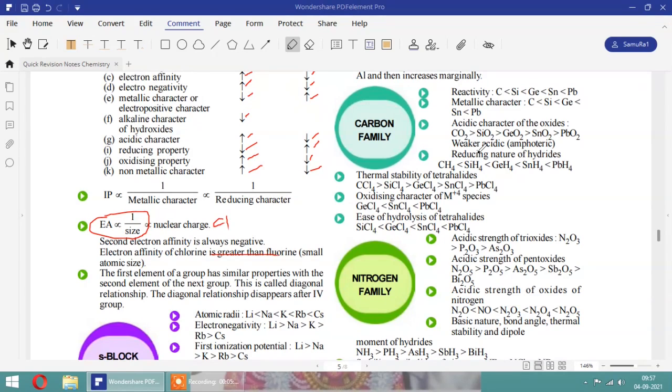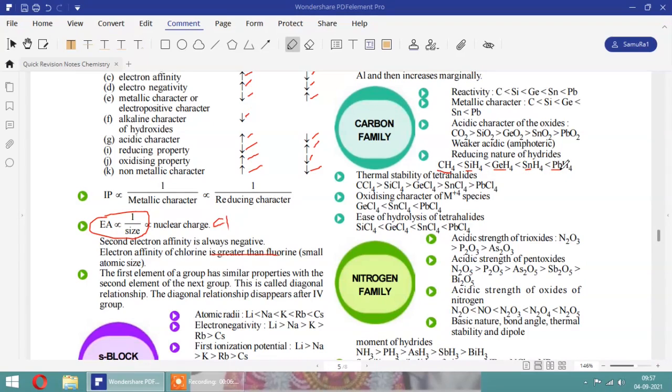Weak acid is amphoteric. Reducing nature of hydride, CH4: in hydrides, it is inversely proportional to acidic character. Carbon less than silicon, less than germanium, less than tin and less than lead.